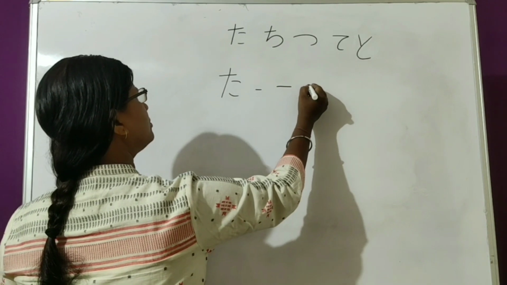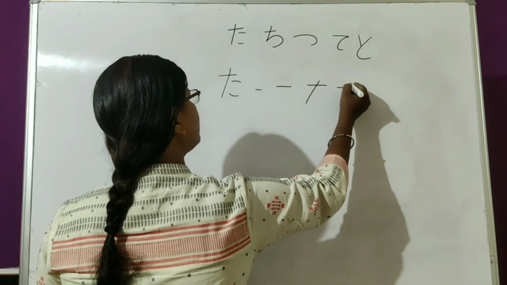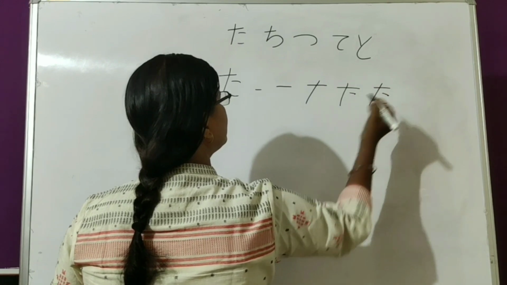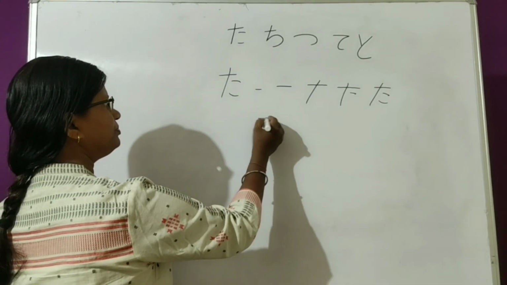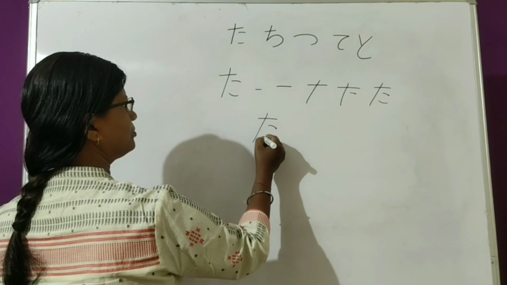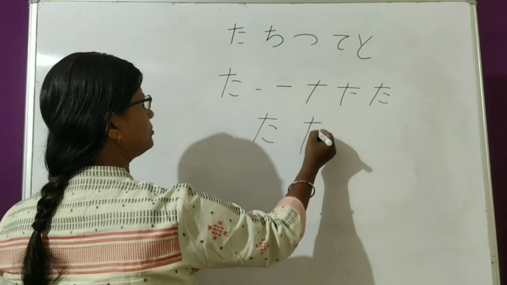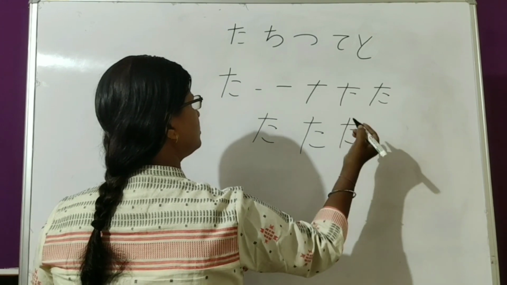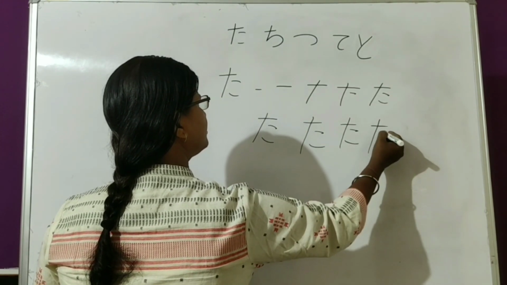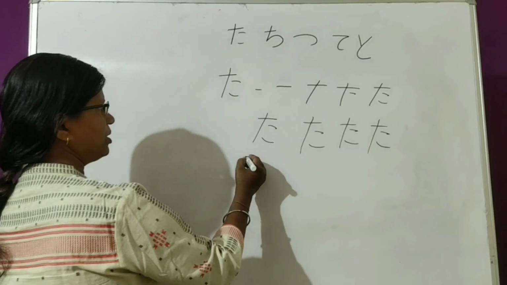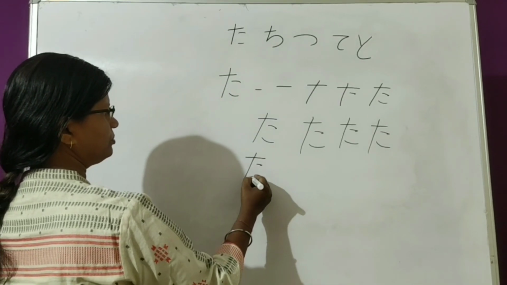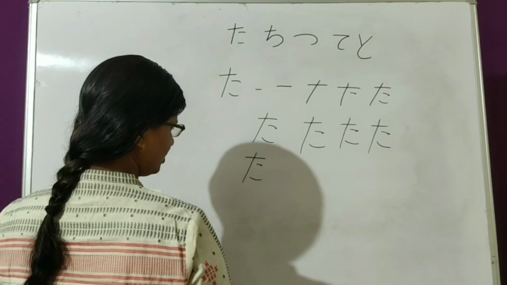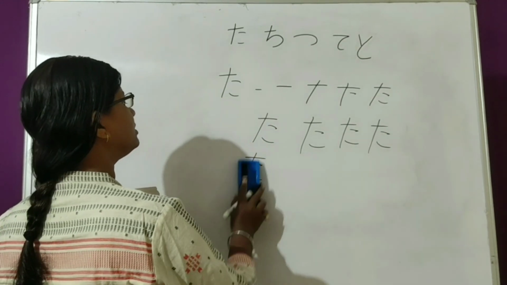First stroke, second stroke, third stroke, fourth stroke. Ta. Okay? So after ta, it is chi.